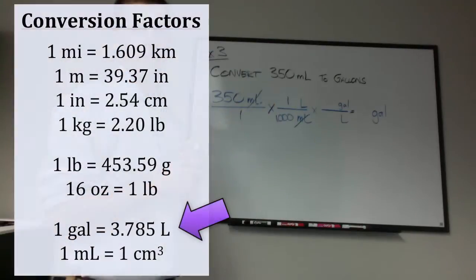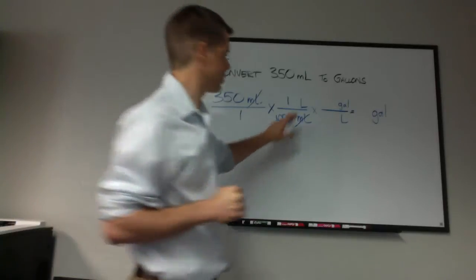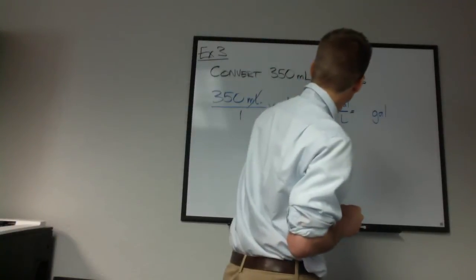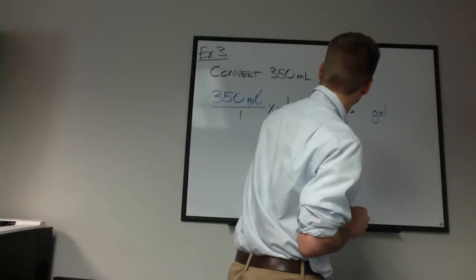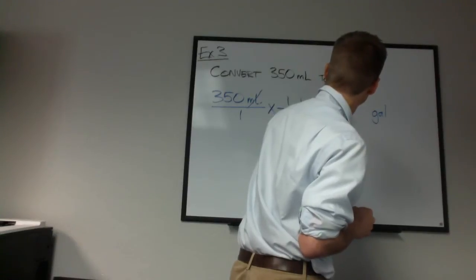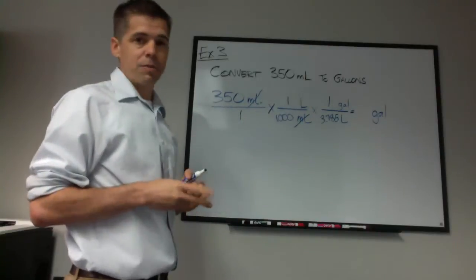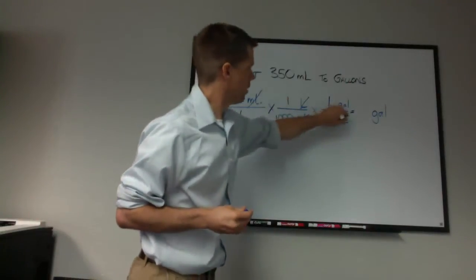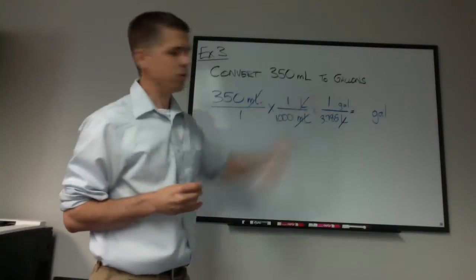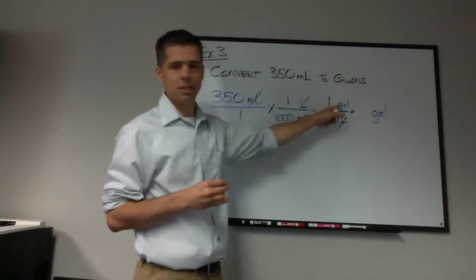The conversion that lets me go from liters to gallons says that for every 1 gallon, there's 3.785 liters. So these are all the steps for my conversion. I cross out liters. Notice that the units have all crossed out except for these, gallons.